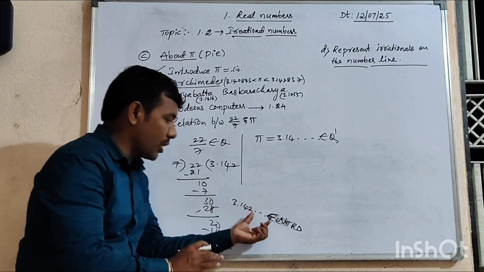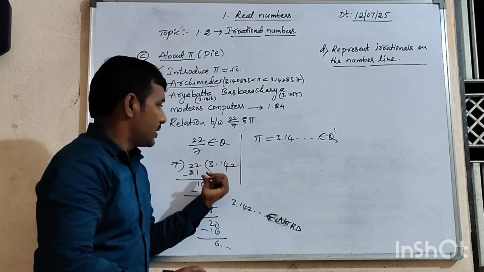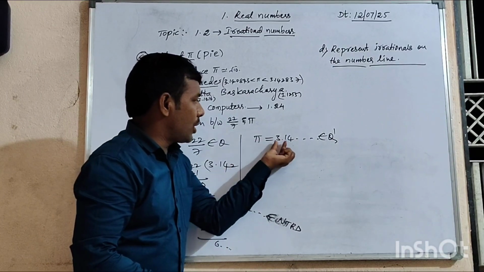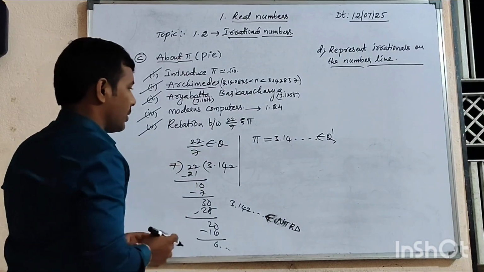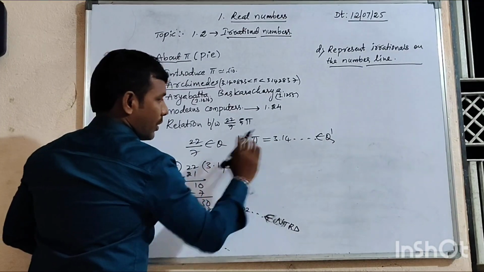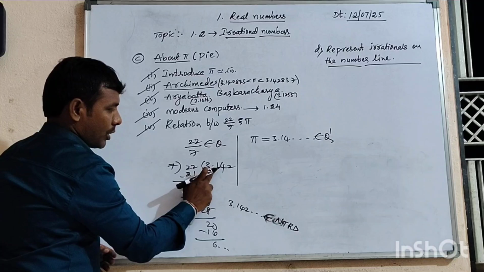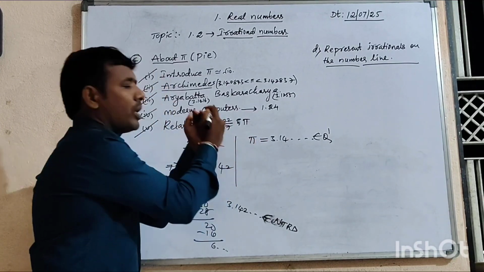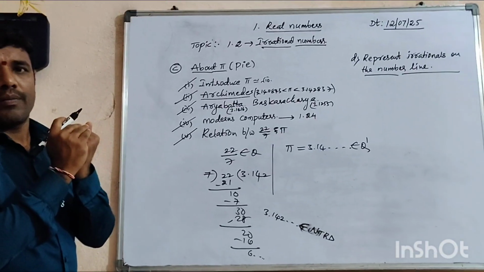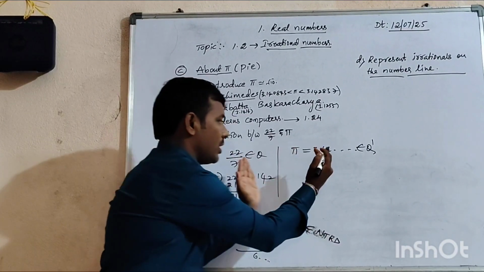And the pi value 3.14... is irrational. But comparing both, pi value 3.14 and 3.142 something, both values are very nearest to each other.